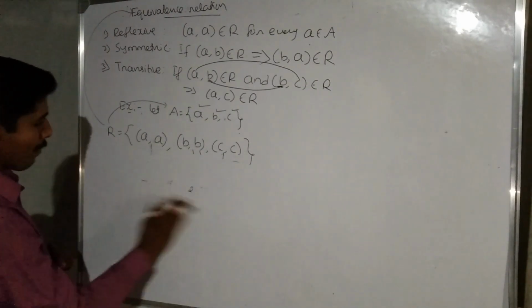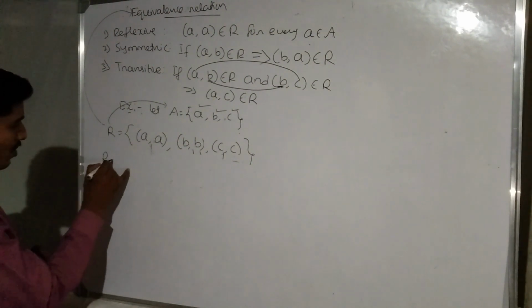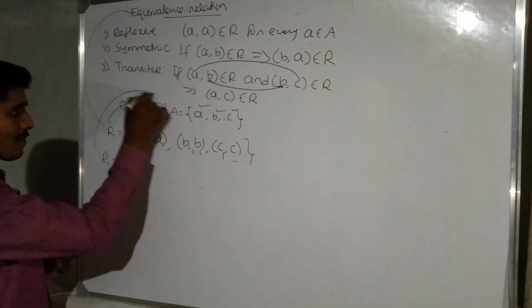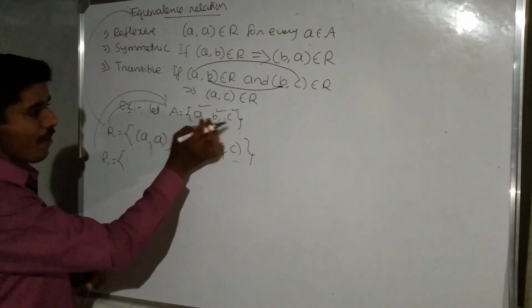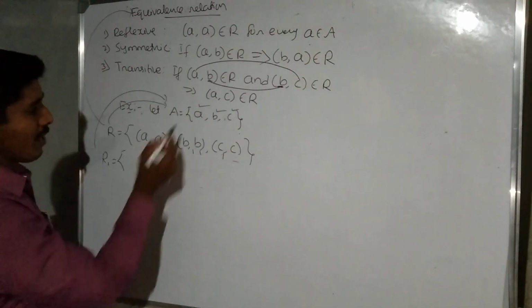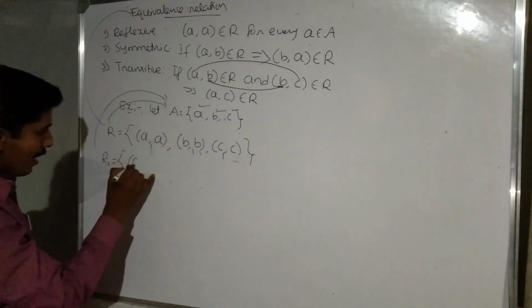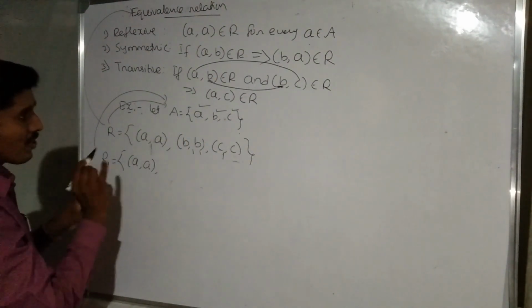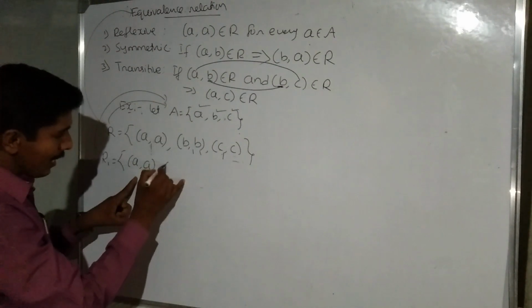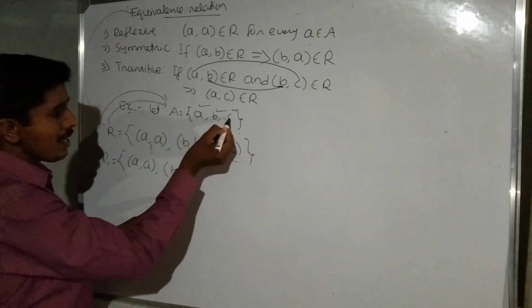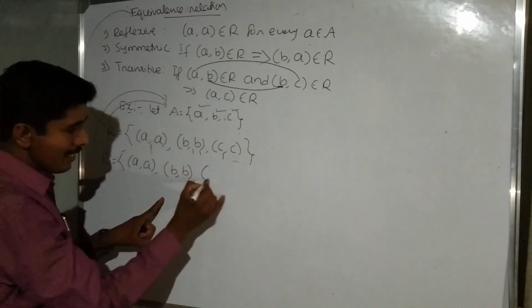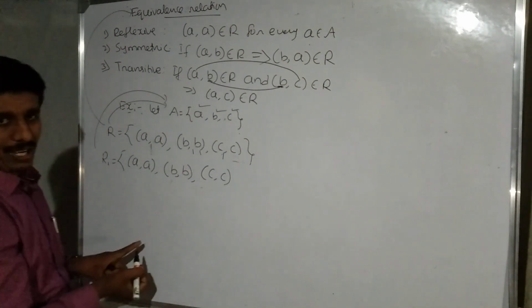Next, one more example. R1 relation I am defining on same set A. First for reflexive, every element of set related to itself. A belongs to set A, A comma A belongs to relation, B comma B belongs to relation, C comma C belongs to relation.